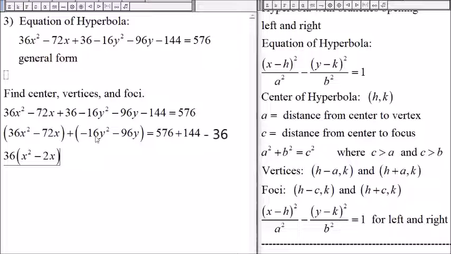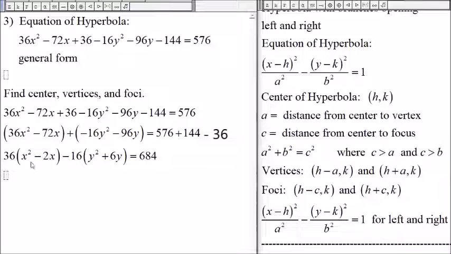And then right here, factor out the minus 16. Again, put minus 16 in the front, and then divide everything by minus 16, divide by minus 16. And then this becomes 684.